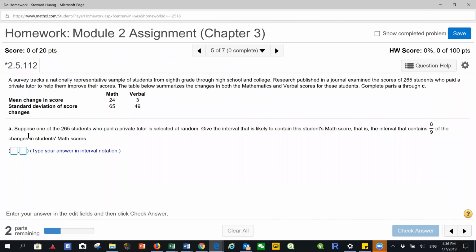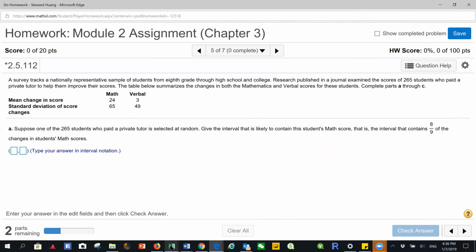So for the 265 students, mean and standard deviation of math scores. Obviously you have x bar is 24 and s is 65.